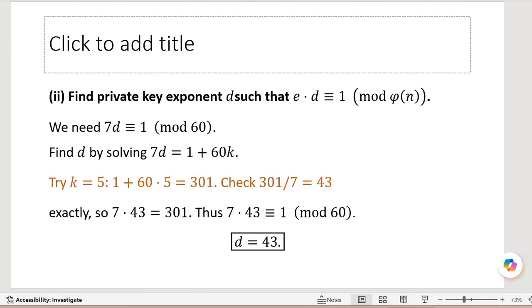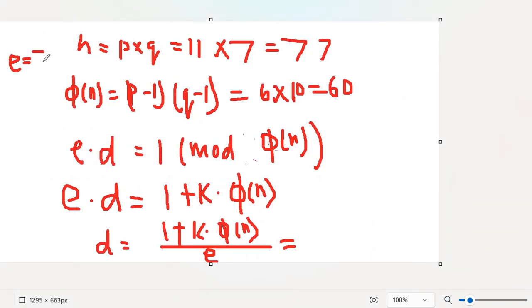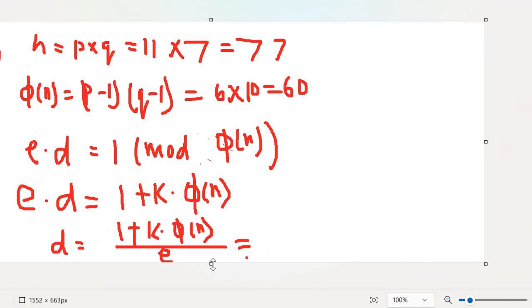So E is 7, but for k what we have to use? You have to try first with k equal to 0, then k equal to 1, then k equal to 2, like that you will be trying.